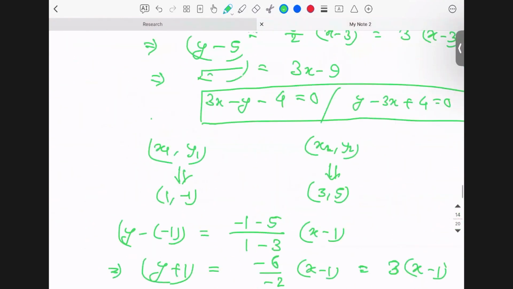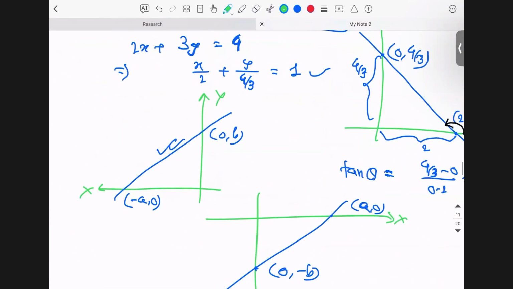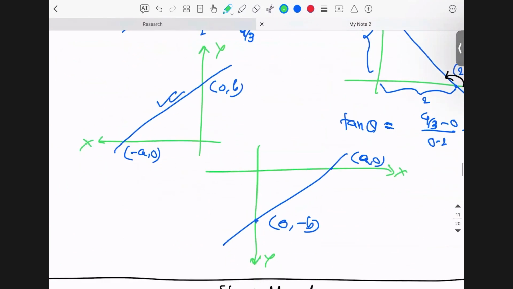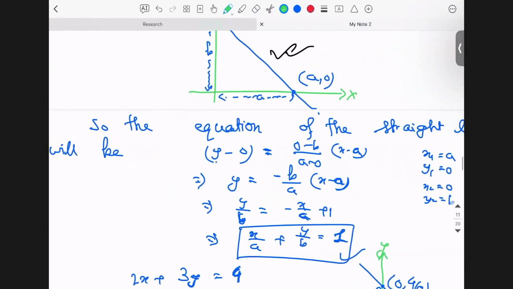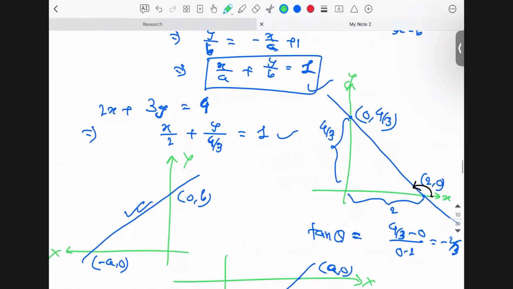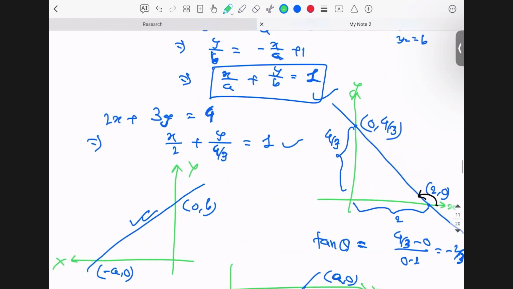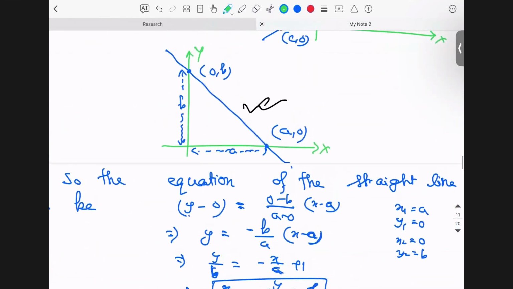Now in the end of the last class, we talked about what the cases will be for (a, 0), (0, -b), (-a, 0), like this. Depending upon the slope and which quadrant the intercepts lie in, the intercept form of the equation of the straight line will vary.